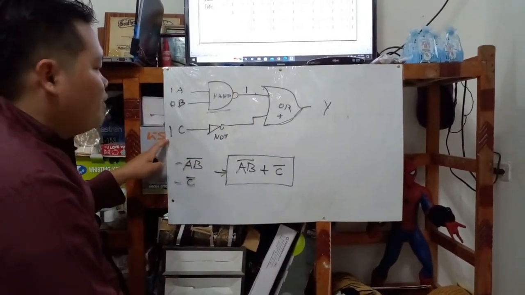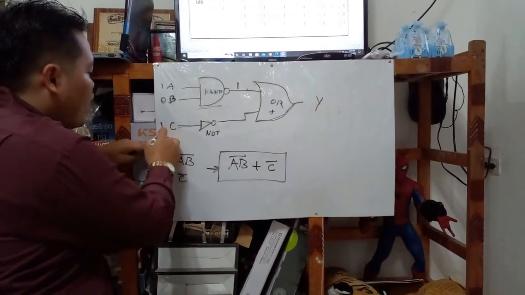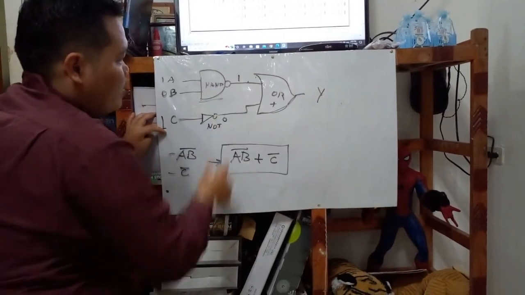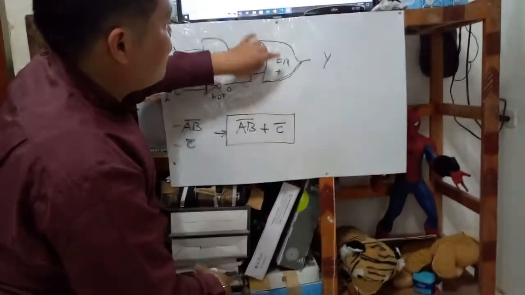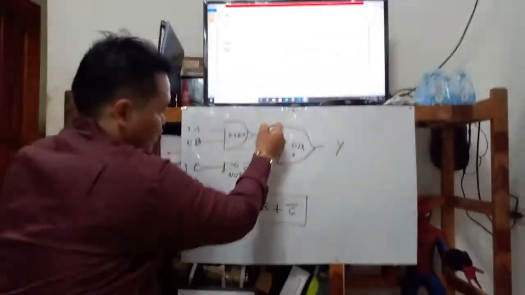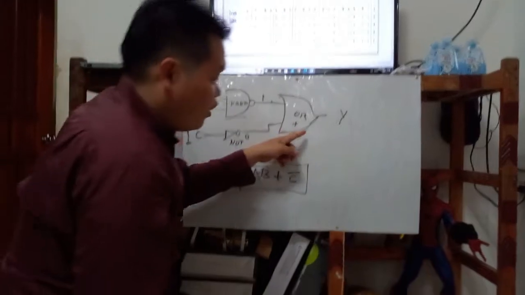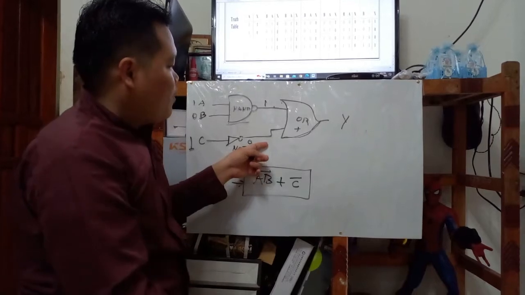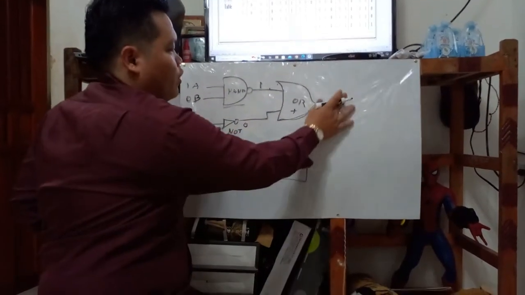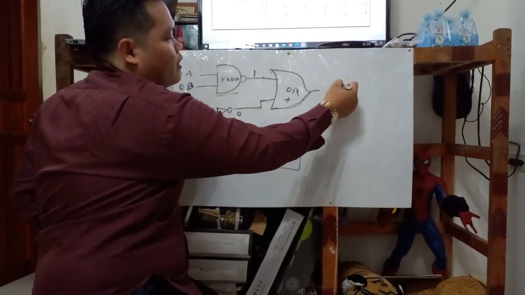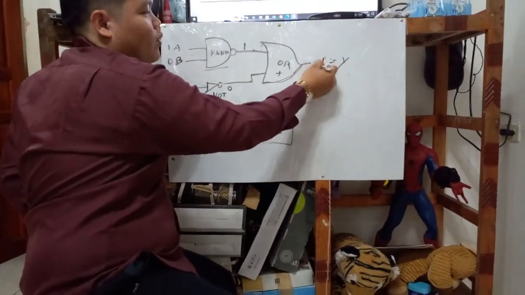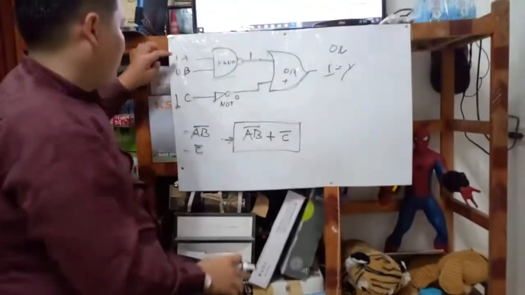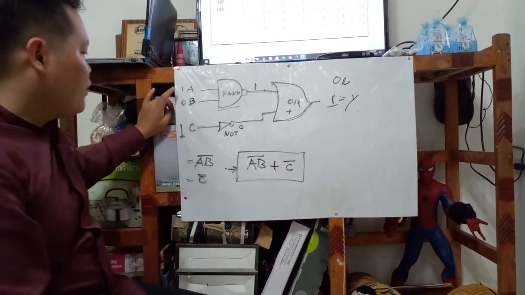And in your NOT, it just reverses, so your input of 1 or true becomes false, so your output becomes 0. So for the final output in your digital logic OR, we have inputs of 1 and 0. Under your OR, if one of your inputs is true, your answer will be true. So 1 is your value equal to y. So what is 1? This is on.